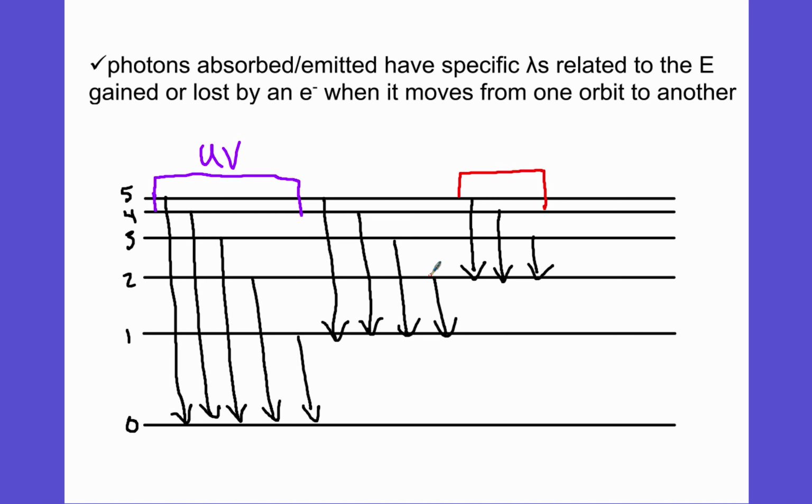So when this electron sitting here drops down to that first energy level, it's going to have to emit energy that happens to have a frequency and wavelength that we can see, and it's red. Whereas on the other end, this drop would be much bigger and have more energy. This is going to be a purple color, right? It would have a shorter wavelength and a higher frequency and more energy.